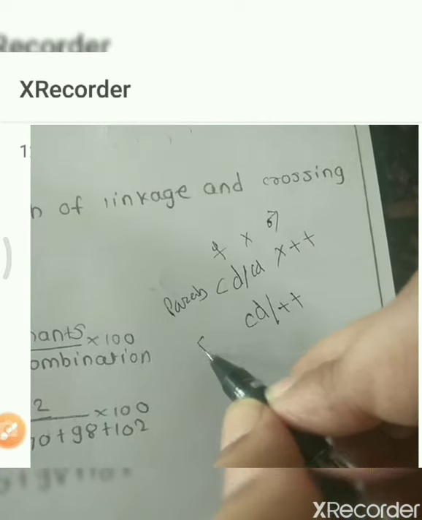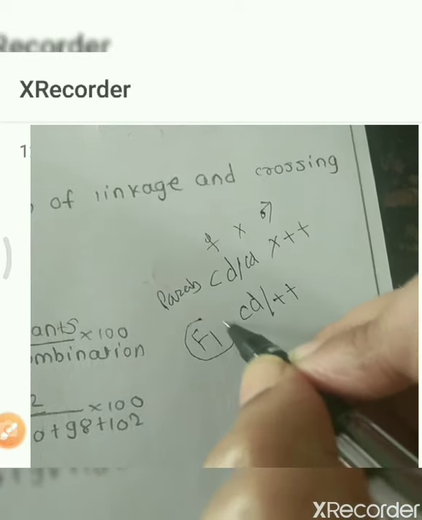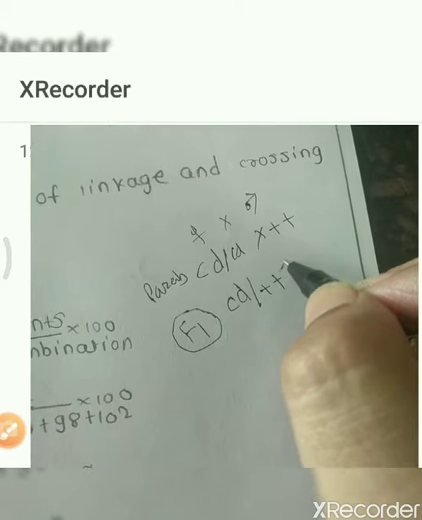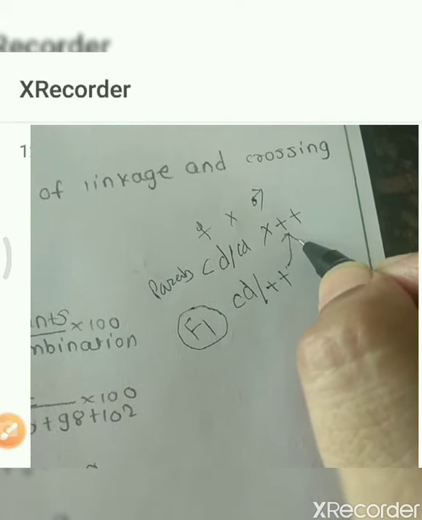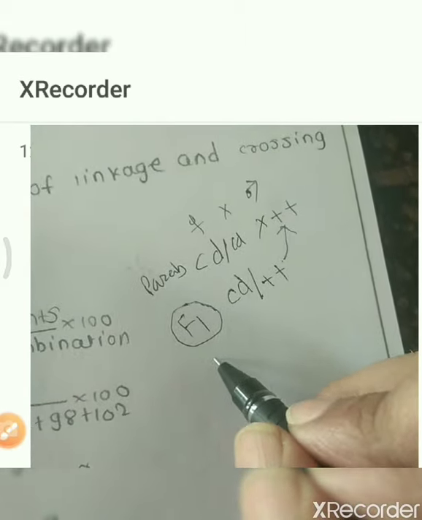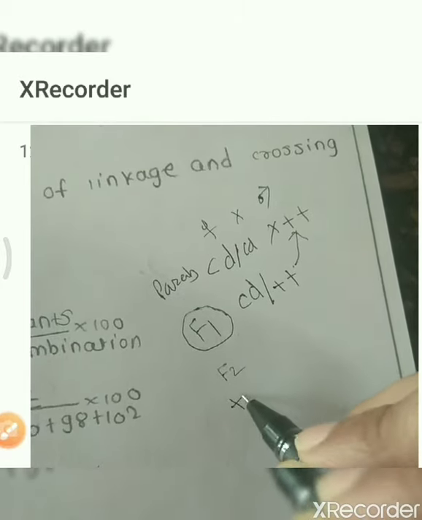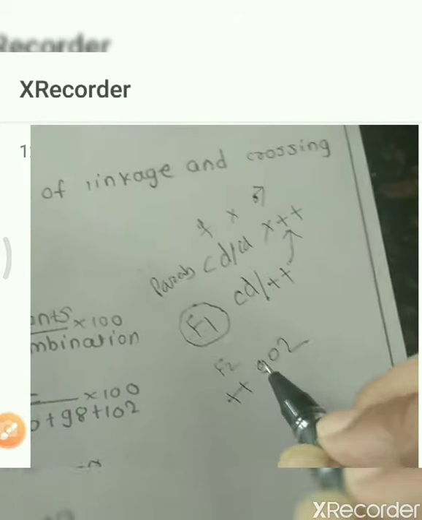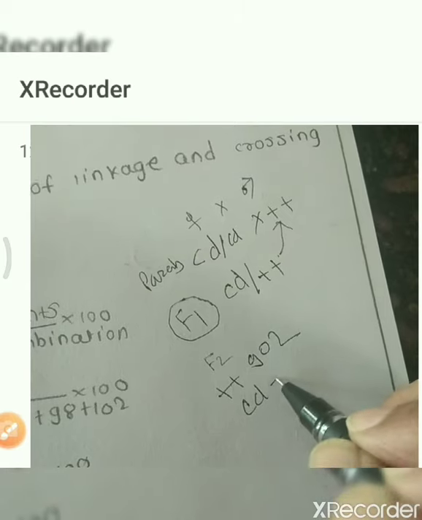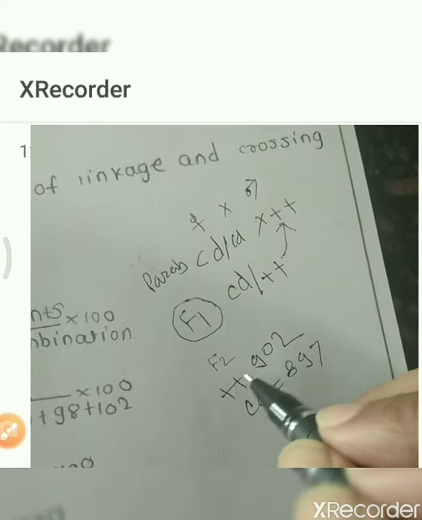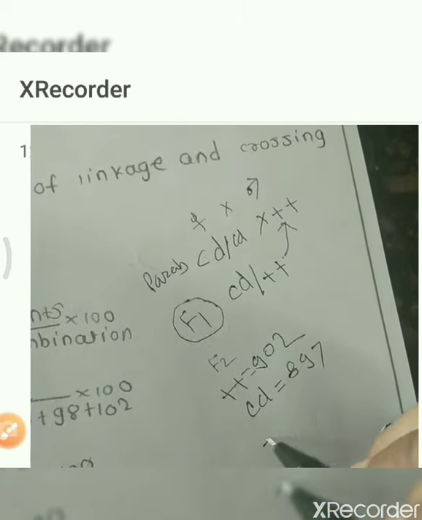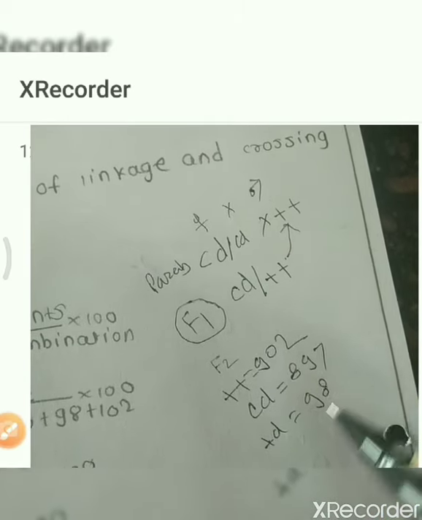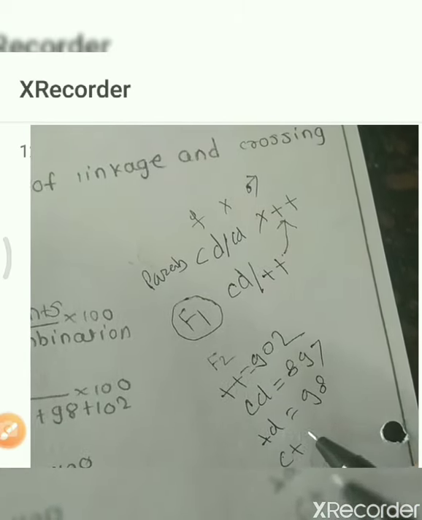So when this F1 is crossed with its double recessive parent, what are the frequencies obtained? Plus 902, CD 897, plus D 98 and C plus 102.